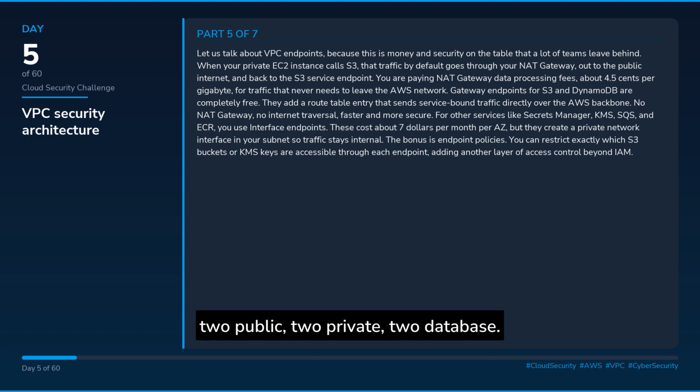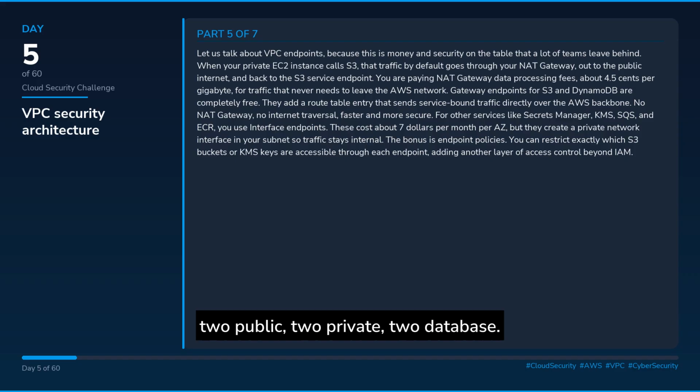You are paying NAT gateway data processing fees, about 4.5 cents per gigabyte, for traffic that never needs to leave the AWS network. Gateway endpoints for S3 and DynamoDB are completely free. They add a route table entry that sends service-bound traffic directly over the AWS backbone. No NAT gateway, no internet traversal, faster and more secure.